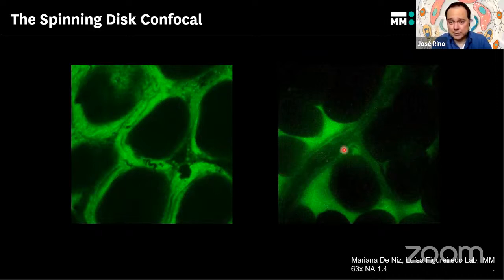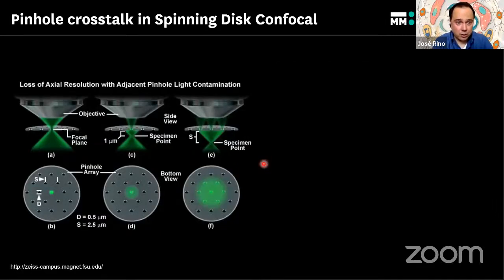So this doesn't necessarily match the optical resolution of the microscope. If you use a point scanner, you'll be able to acquire images with a much higher resolution. On top of that, there is a disadvantage in using spinning disk, which is pinhole crosstalk.